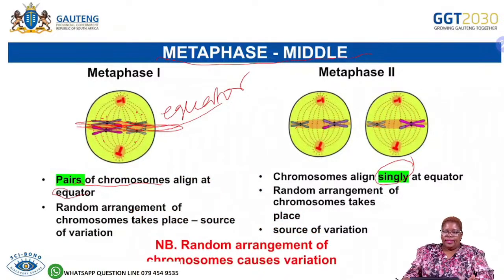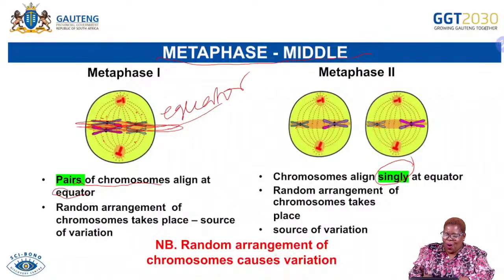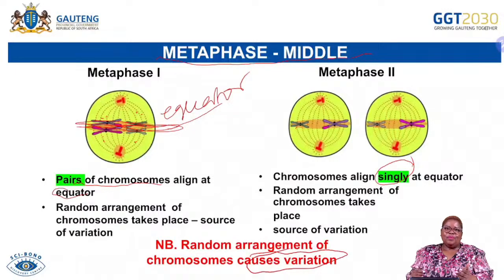Right? Now, please note that random arrangement of chromosomes causes variation. So I keep coming up with new terms. Now I've got variation. You need to understand what it means. All right, let's quickly summarize metaphase 1 and metaphase 2.